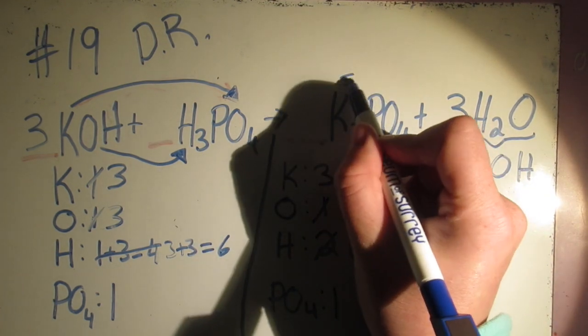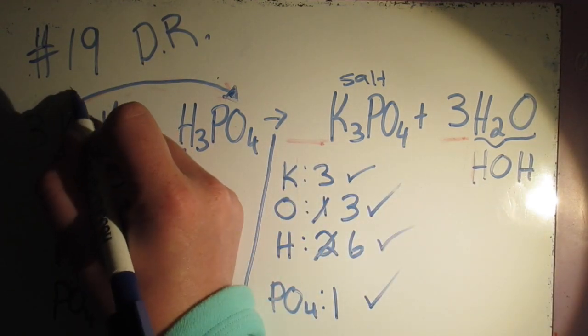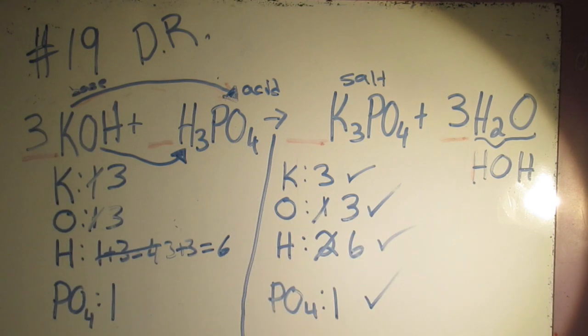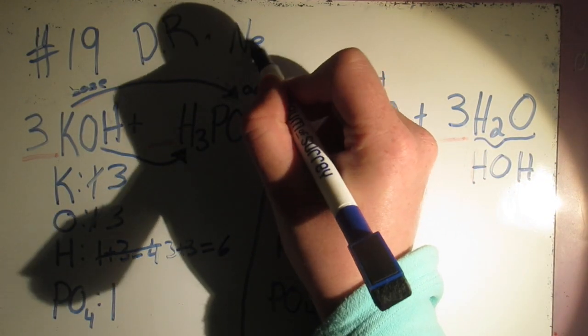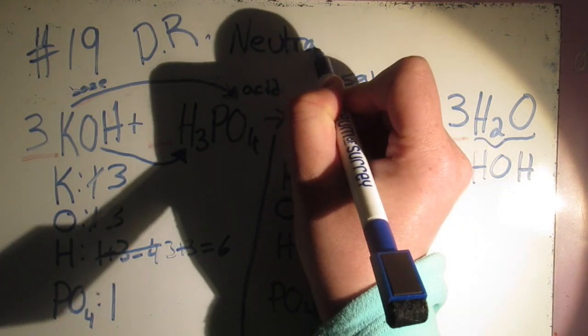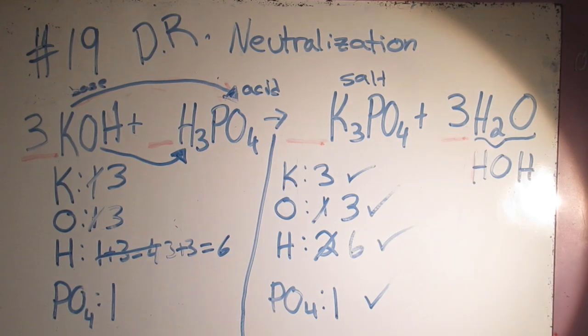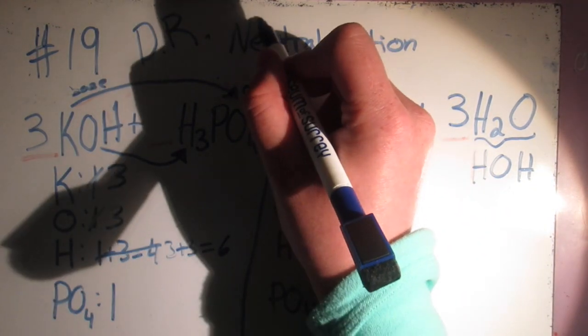So this is our salt and this is water. So this is our base and this is our acid, and they neutralize each other. So you can call this either a neutralization reaction, or you can call it an acid base. I'm running out of room here a little bit. I'll just write it really small.